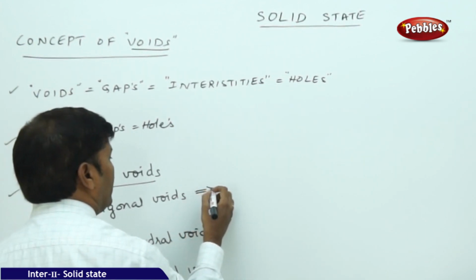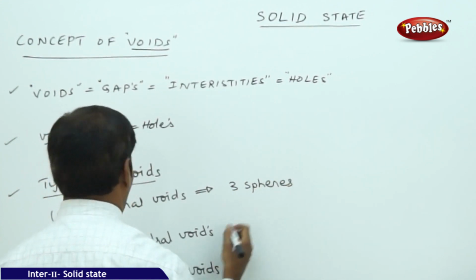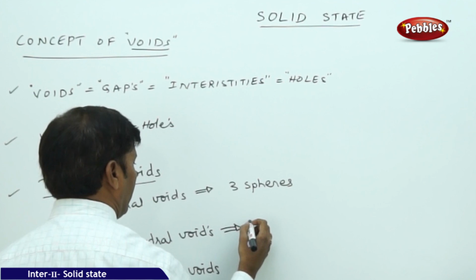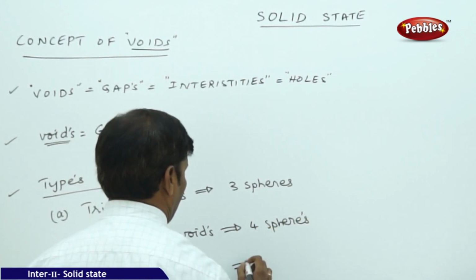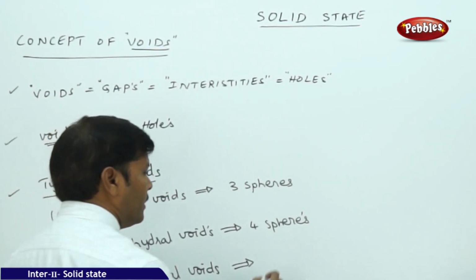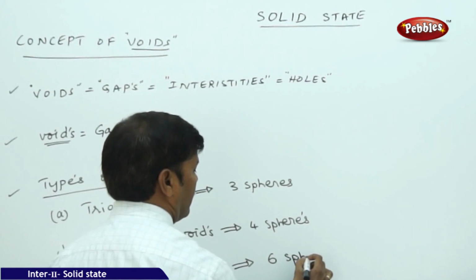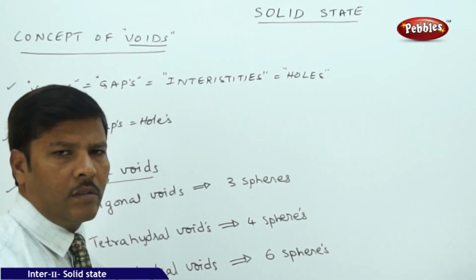The number of spheres involved in trigonal voids is 3 spheres. Tetrahedral voids involve 4 spheres, and octahedral voids involve 6 spheres, and they require a minimum of 2 layers at least.